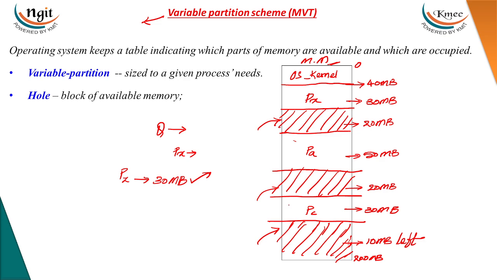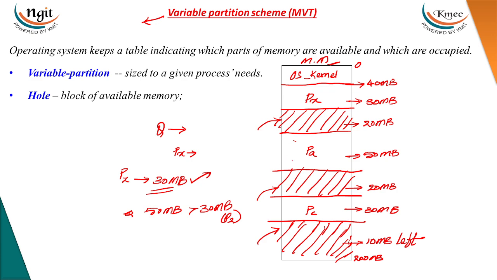If you take the total free space, that is 50 MB, it is actually greater than the 30 MB needed by process PZ.